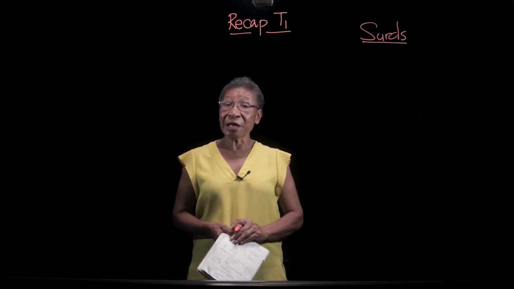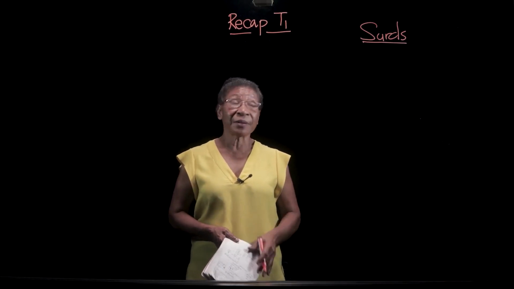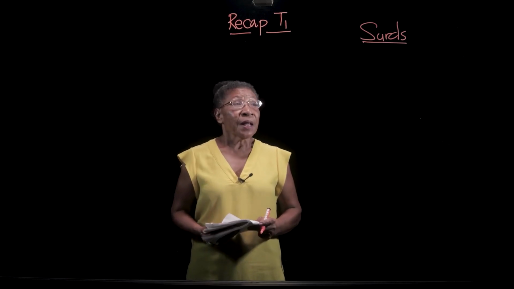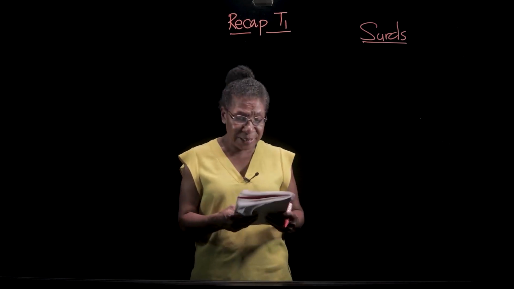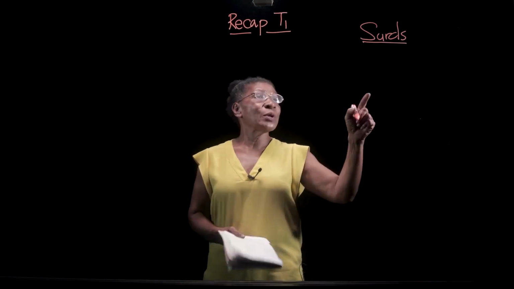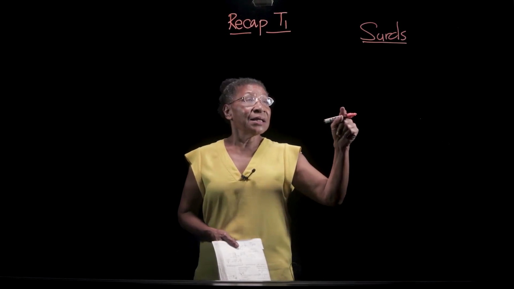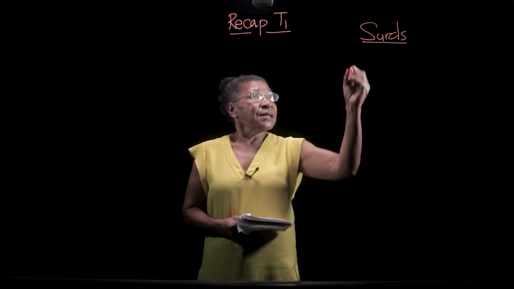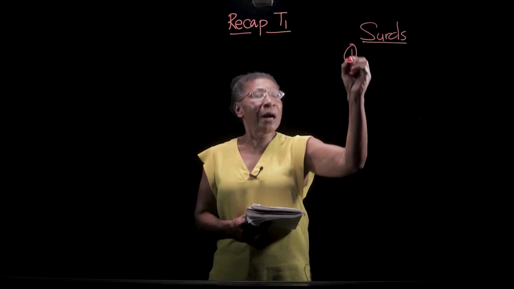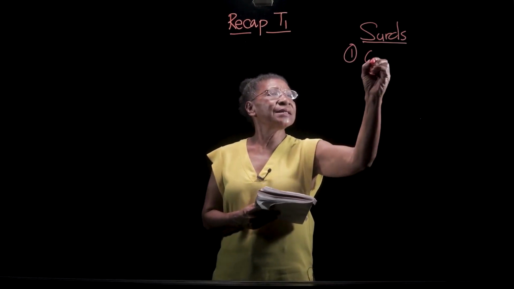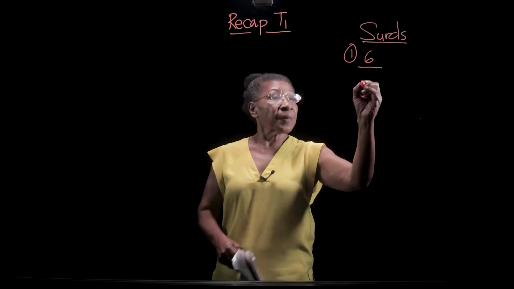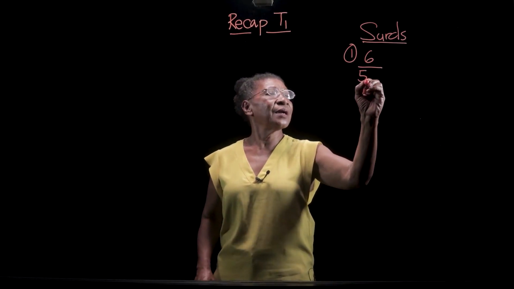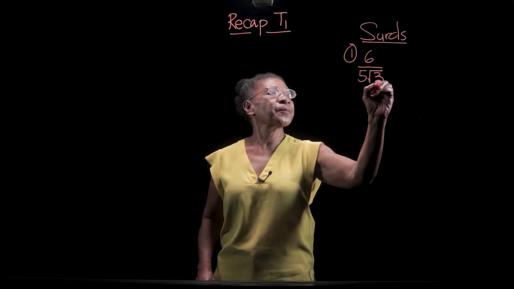Surds is an irrational number. We also looked at irrational number during the term. I'd give you an example of how we can rationalize the denominators of surds. Example number 1, it would give us 6 over a denominator of 5 root 3.